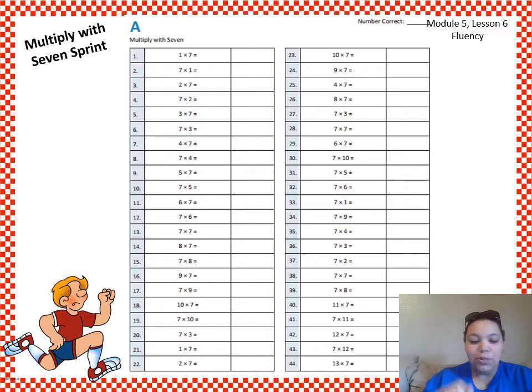I'm just going to roll through them quickly, and just like you normally do, check the ones that you got correct and then write the number that you got correct by yourself at the top here.